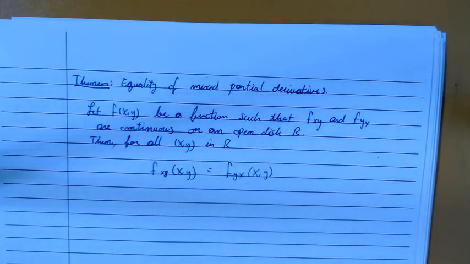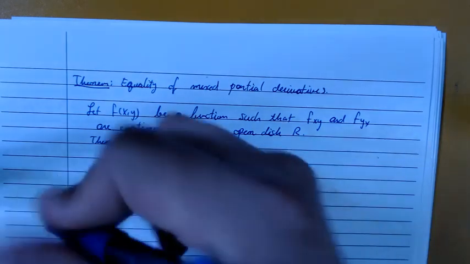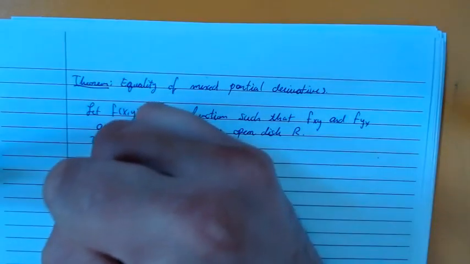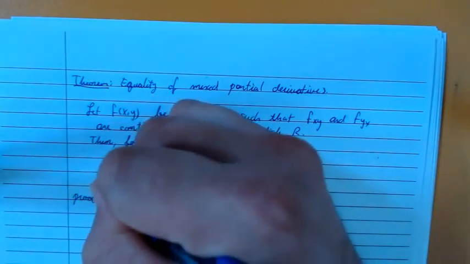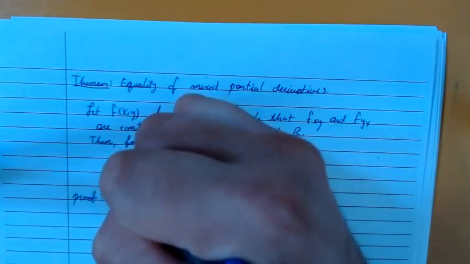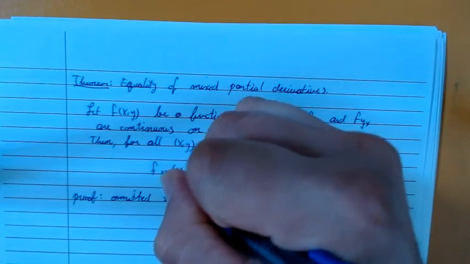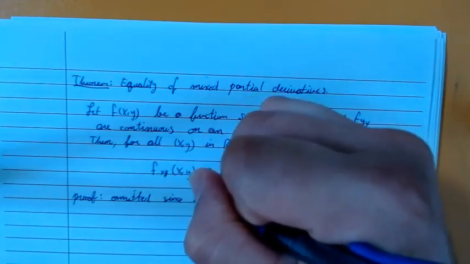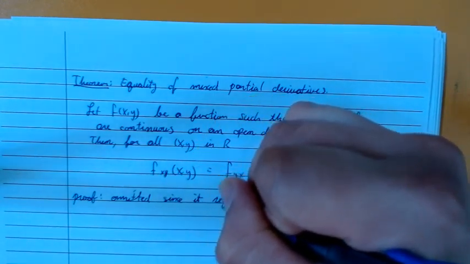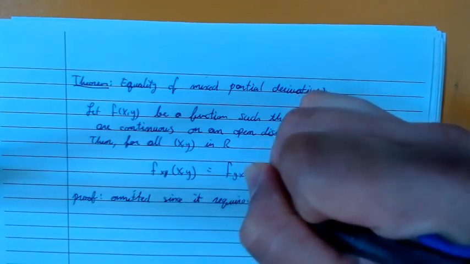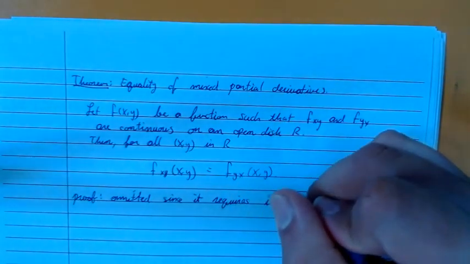Here, the proof of this one requires the use of iterated integration, which is something we haven't seen yet. So here, the proof of this is omitted, since it requires what are called iterated integrals.